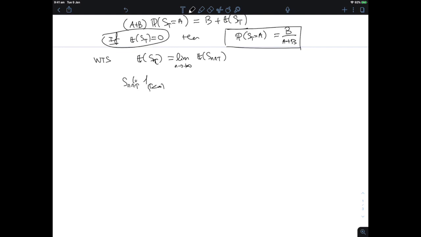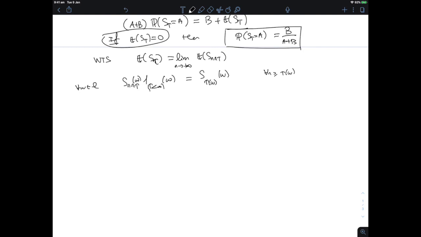So when tau is finite at a point omega, whatever that point may be in your probability space, this sequence eventually stabilizes and is equal to S tau of omega whenever n is greater or equal than tau of omega, because then the minimum is exactly tau of omega.